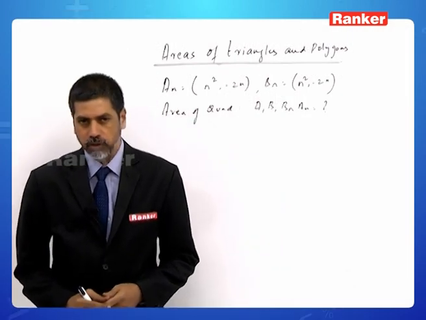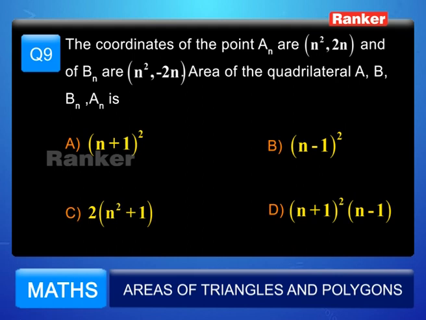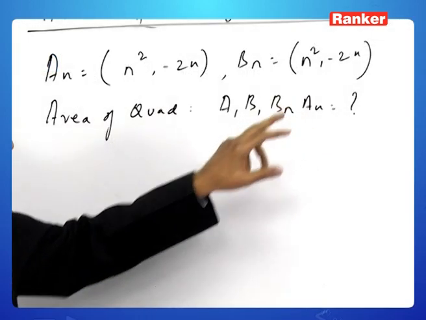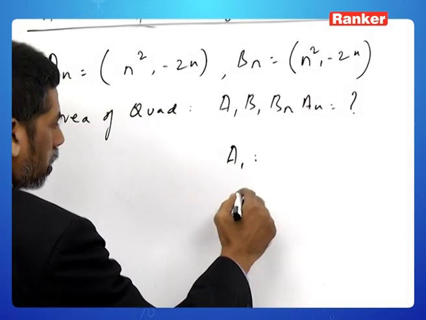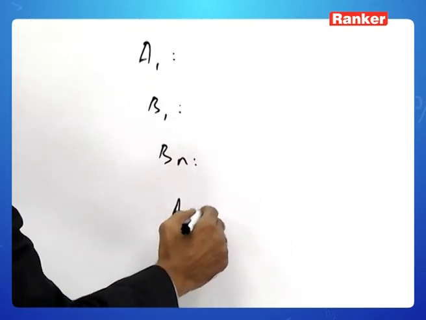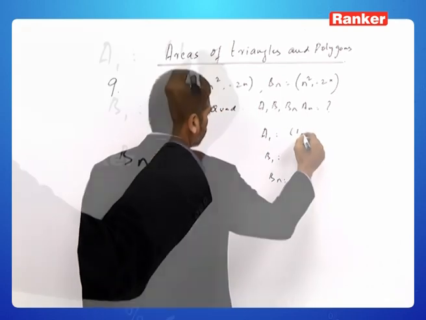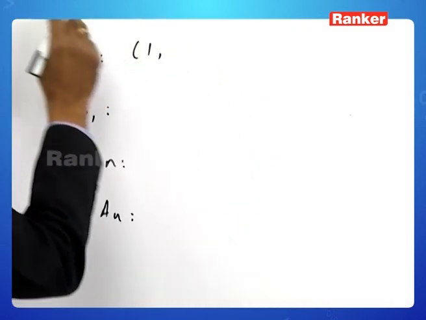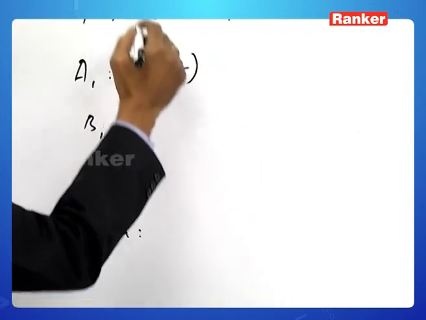This is a problem based on quadrilaterals, not that very difficult. Now these are the generalized coordinates for vertices An and Bn. Now look at the sequence A1, B1, Bn, An. So if you look at A1, B1, Bn, An, for n is equal to 1, you will get 1 comma, I think this is n square 2n, so this will be 1 comma 2.